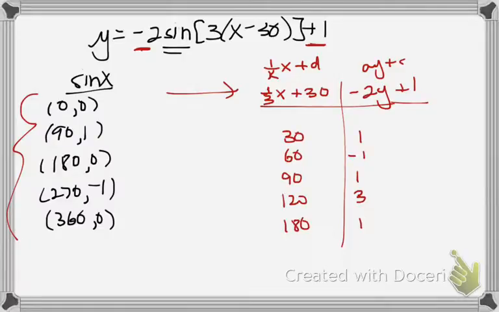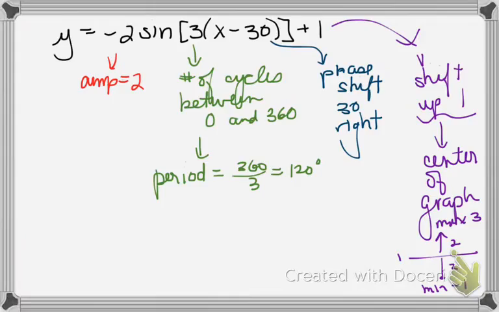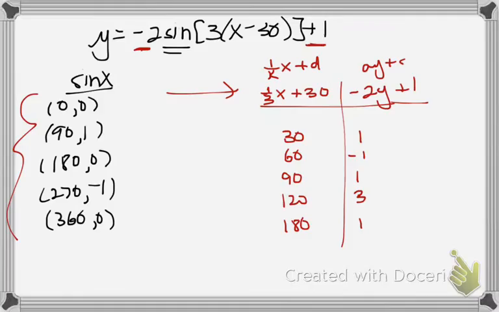Okay, so here are my values. You're going to notice, just like we said over here, that my max is 3 and my min is -1. So that prediction is helpful for us to see in our transformations here. You're also going to notice something cool about the x's, which is that they have to be consistently spaced because these are consistently spaced as well.